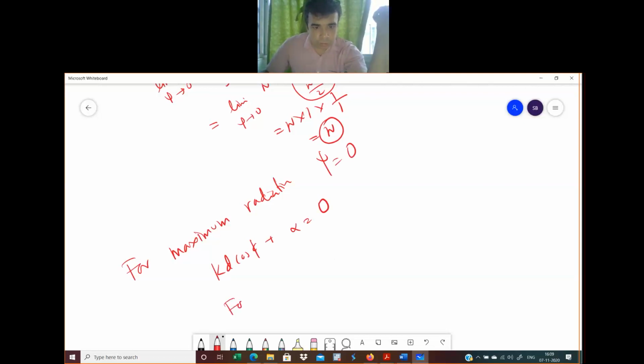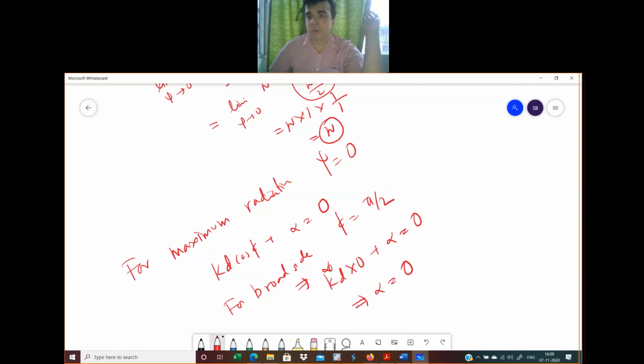For broadside, phi should be pi by 2. This means kd into 0 plus alpha equal to 0. This means alpha is 0. Once again, all the elements must be fed in the same phase for broadside.